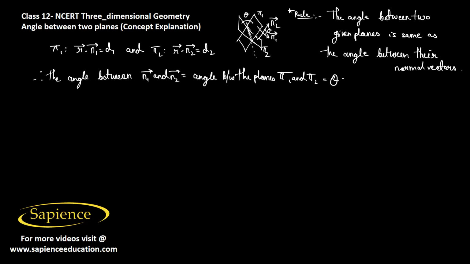Let's say it is theta. So that will be equal to the cos inverse of n1 vector dot n2 vector divided by magnitude of n1 vector into magnitude of n2 vector.